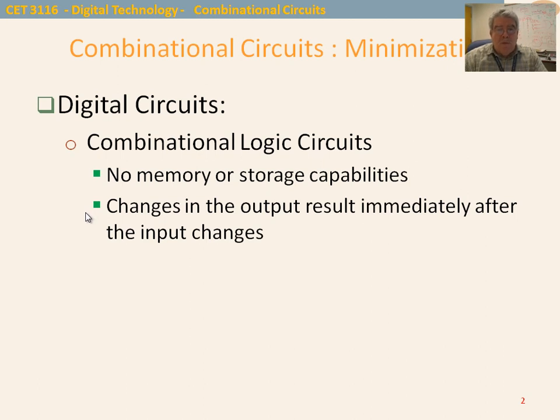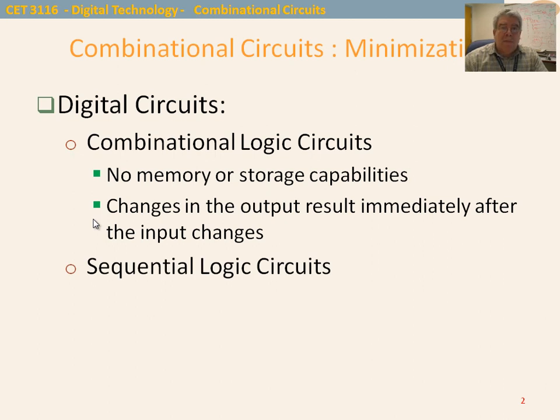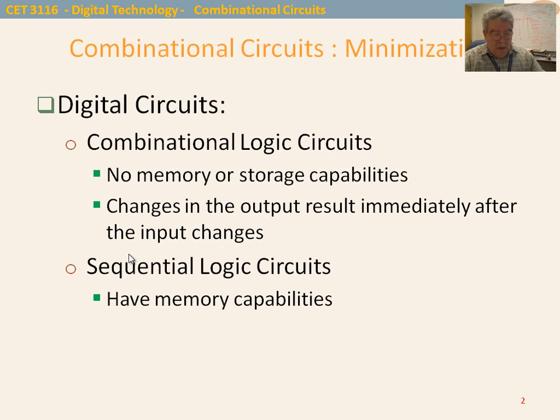Once you change anything in the input, the output follows. Then we will look at sequential logic, the last part of the course, which is related to memory involved in the circuits.